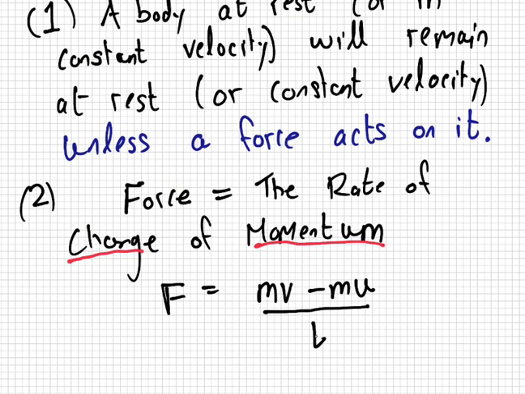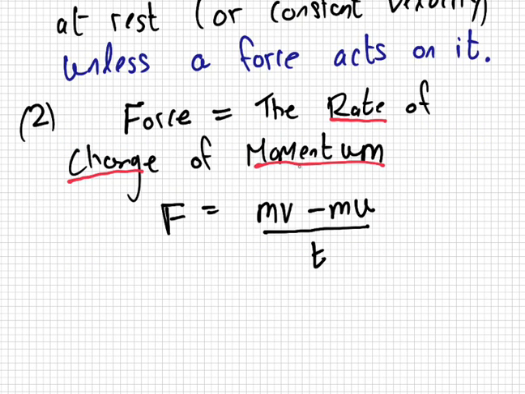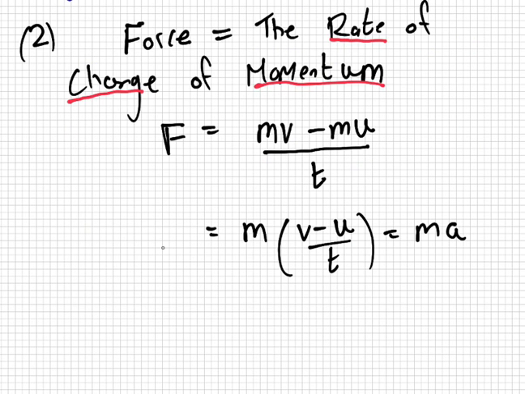Over t. And the t is because of this word, rate. Right, now, but you can say, well, I will just take the m out, and then I have v minus u over t. But what's that? That's acceleration, isn't it? Which is ma. So now we have Newton's famous second formula, F equals ma.